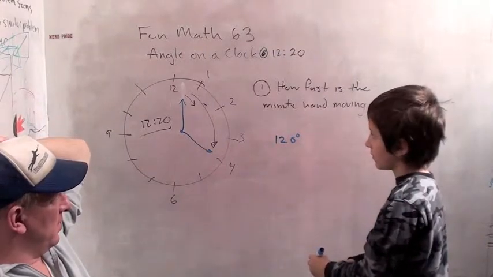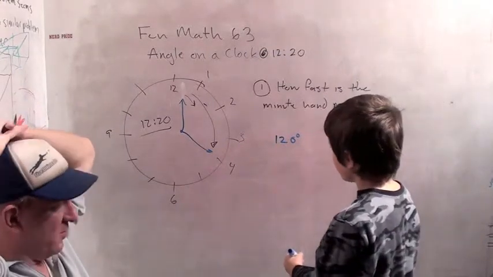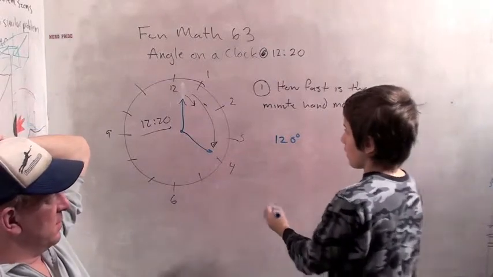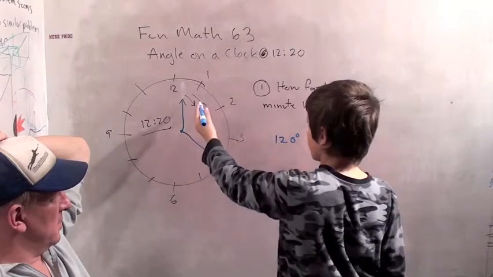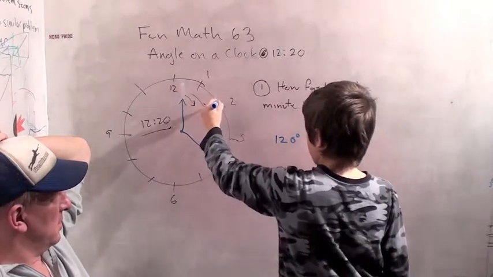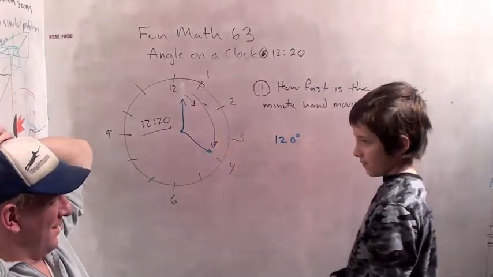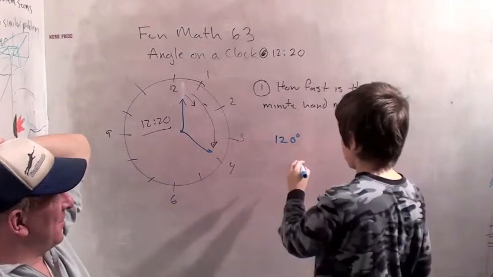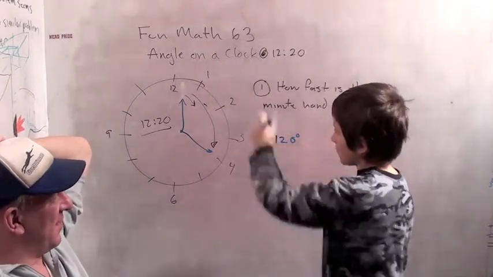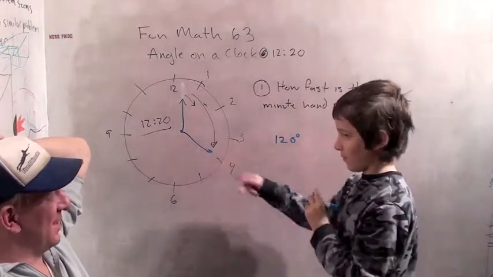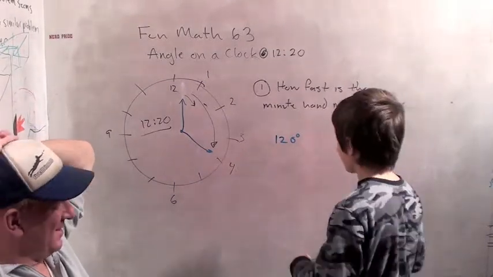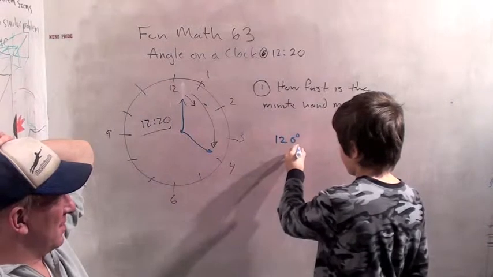Yeah, but how many minutes did it take to move 120 degrees? Each of these is 5 minutes. So 20 minutes. How could we have figured out that it took 20 minutes pretty fast? What time are we looking at? 12:20. So it took 20 minutes.